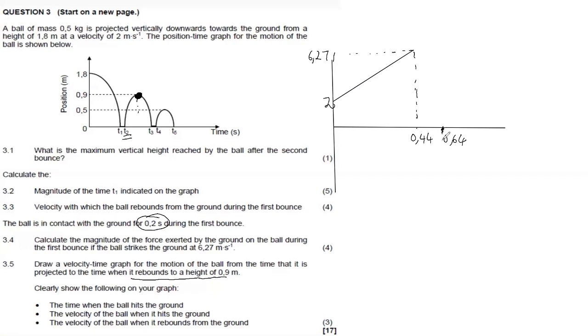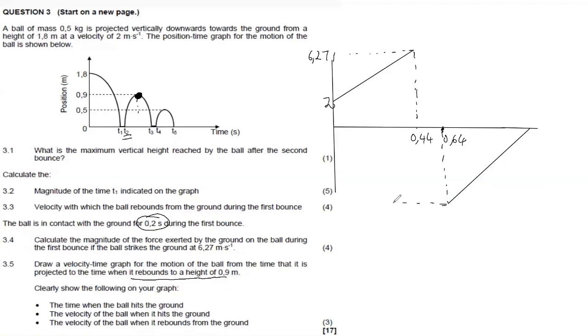Then we do understand that since this is an inelastic collision, the ball will now be leaving the ground with a velocity that is lower than the velocity in which it strikes the ground. So this would be the velocity there. And then when it rebounds, it goes to the maximum height, right? So our journey stops there on the maximum height, according to what they want us to represent. But then what is the velocity here?